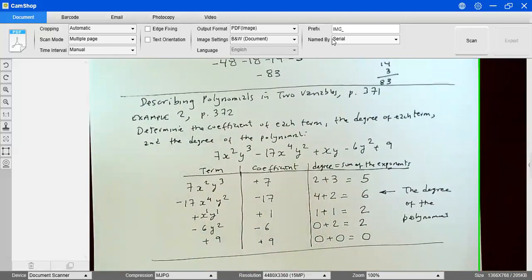So now we're going to start doing polynomial math.